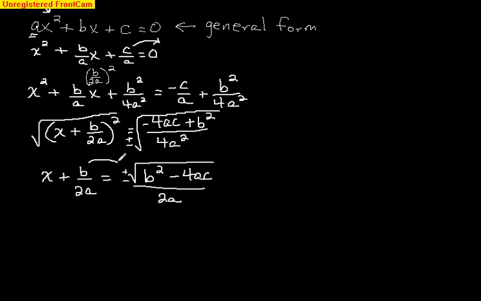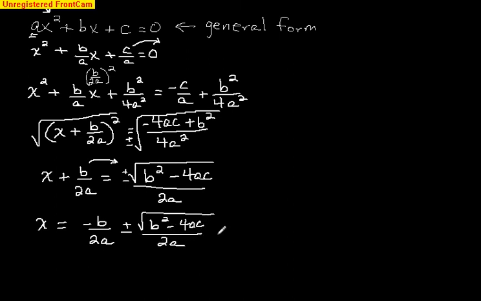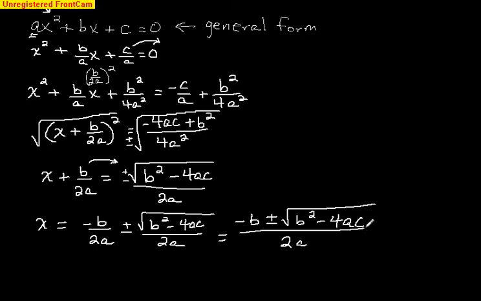Now we just have to get x by itself, we have to subtract that from both sides, so we get x equals negative b over 2a plus or minus the square root of b squared minus 4ac over 2a, and finally we have the same denominator, 2a on the bottom, so we get negative b plus or minus the square root of b squared minus 4ac all over 2a.